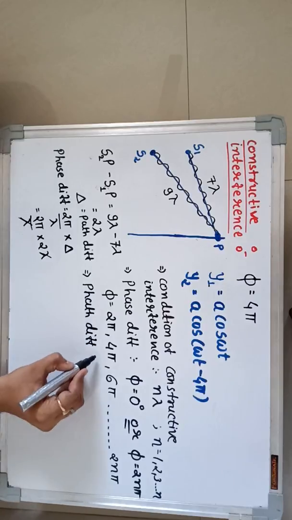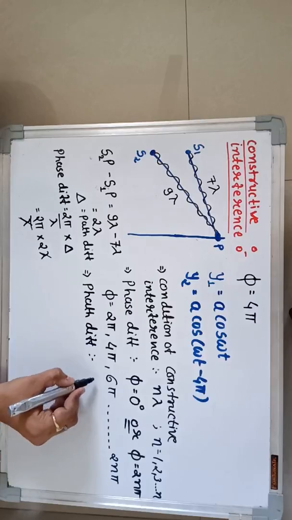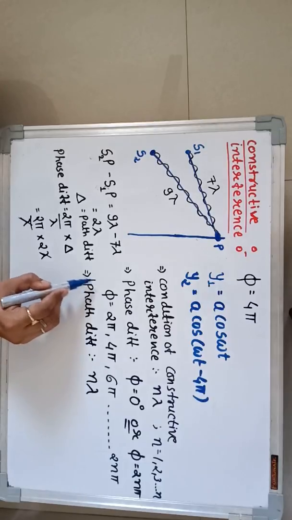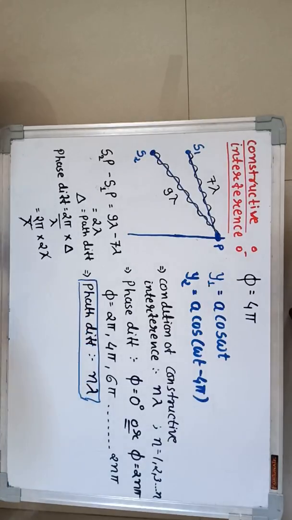The path difference, we know, is n lambda, and it is the condition of constructive interference. So path difference is equal to n lambda.